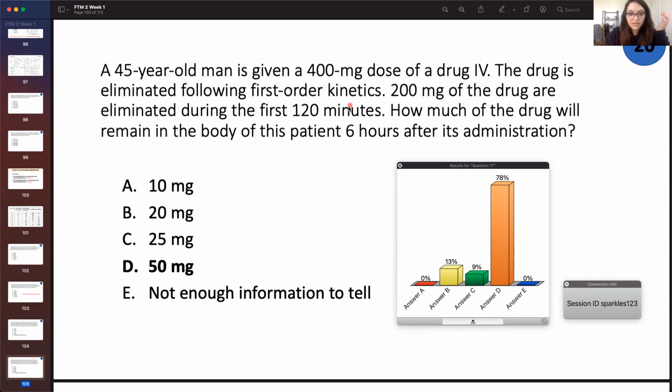So we're given enough information to assume that 1 half-life is going to be 2 hours. And then all you have to do is see, okay, if 2 hours gave me 50%, then 4 hours should give me 75%, and then 6 hours should give me my steady state or 100%.